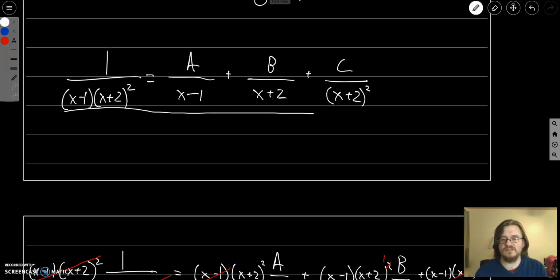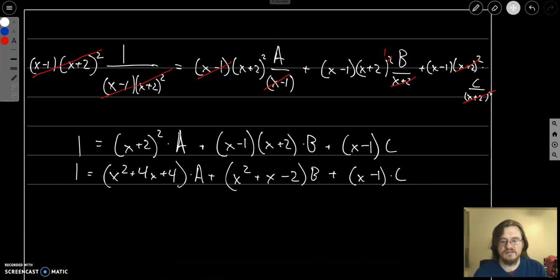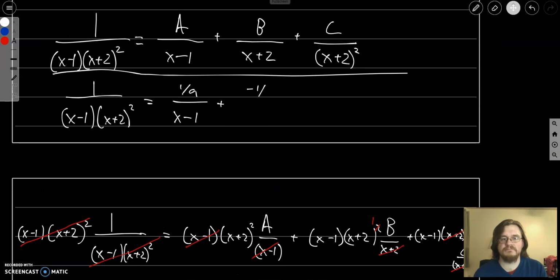So if I just plug them in right here, 1 over x minus 1 times x plus 2 squared is going to be equal to 1/9 divided by x minus 1 plus negative 1/9 divided by x plus 2 plus negative 1/3 divided by x plus 2 squared.